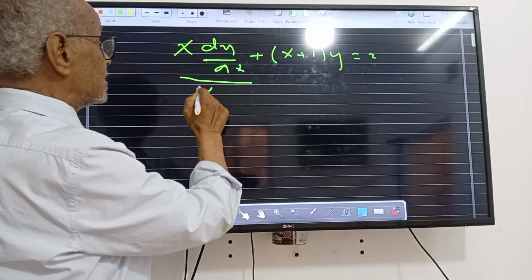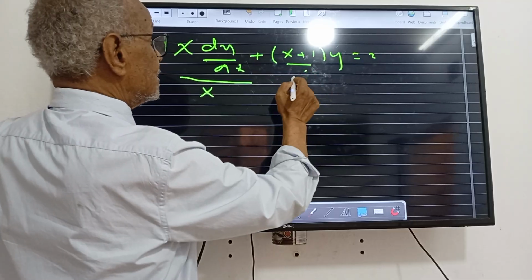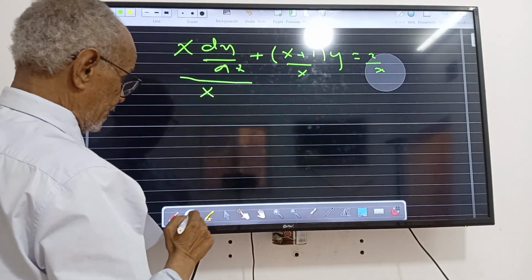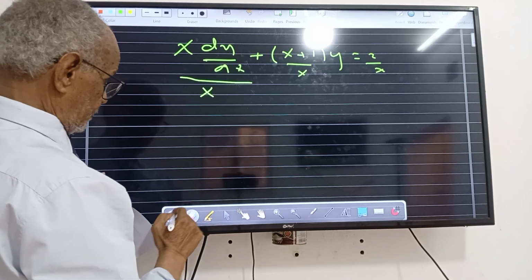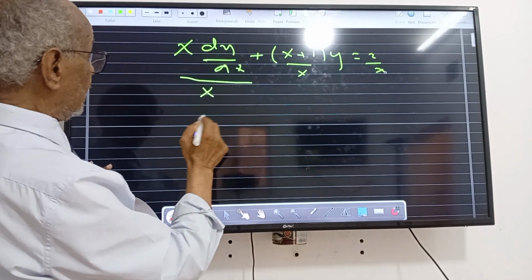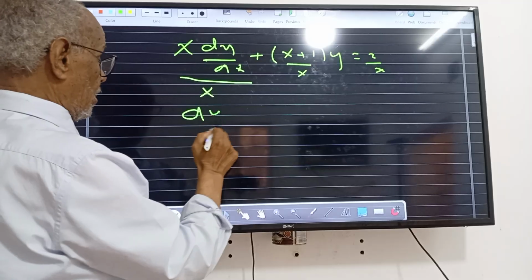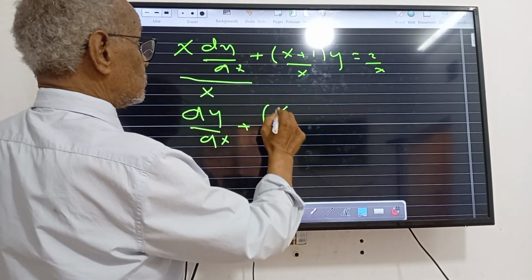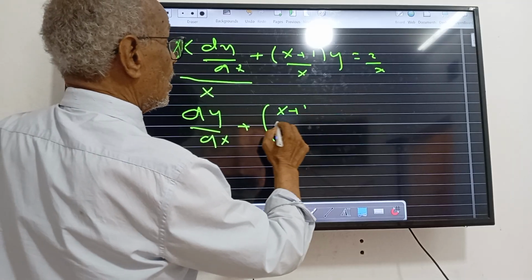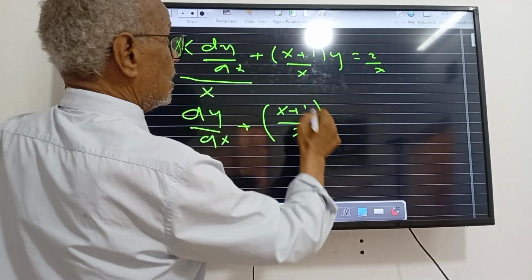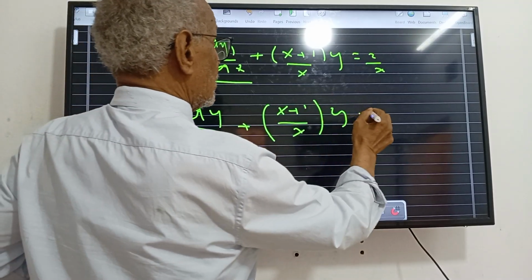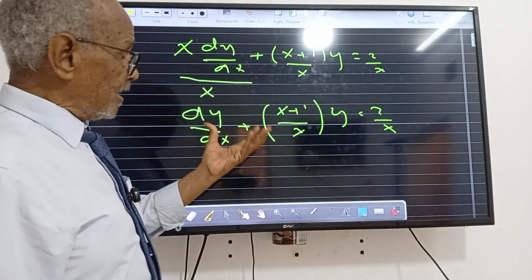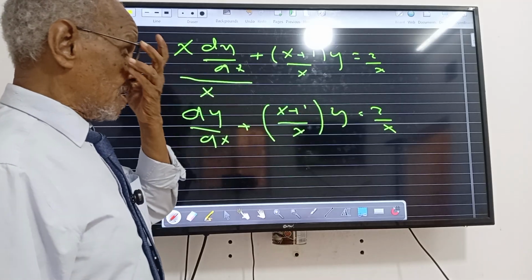If you divide by x here, here, and here, you will get dy over dx plus x plus 1 over x y equals something divided by x. So this is a general linear differential equation.